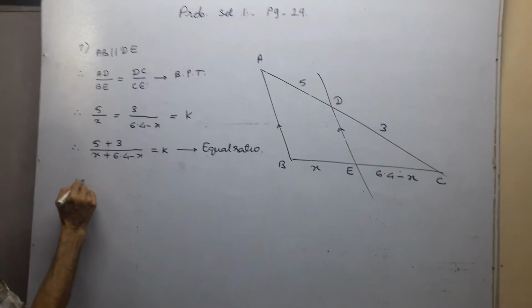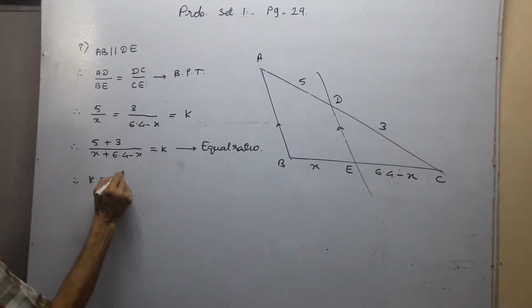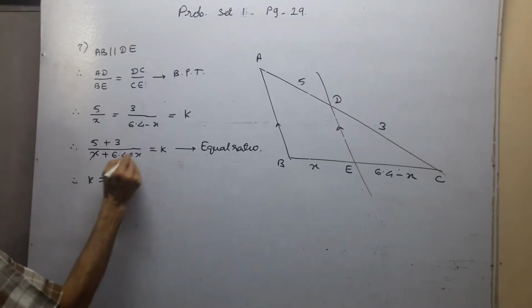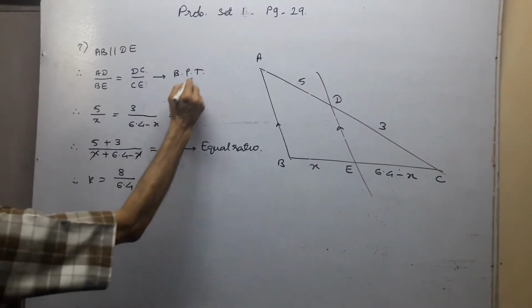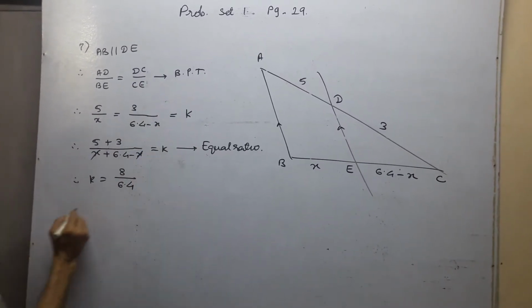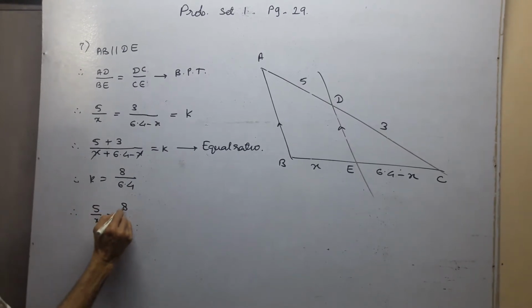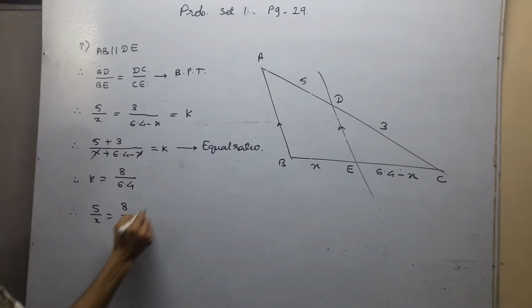Therefore k is equal to 8 upon 6.4, because plus x and minus x cancel. So this is also k and this is also k, and therefore we get 5 upon x is equal to 8 upon 6.4.